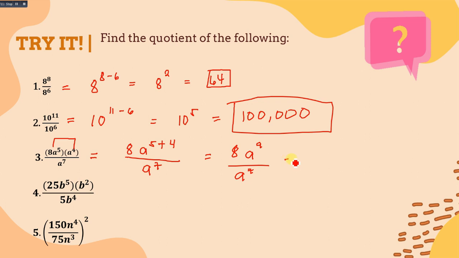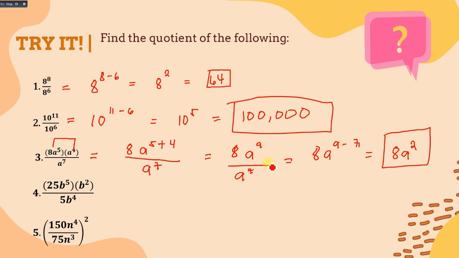And then we can now apply the quotient rule wherein we copy the same base, which is a, and then subtract the exponent. So we have 8a, 9 minus 7. So we will have 8a squared. So this will be the final answer.